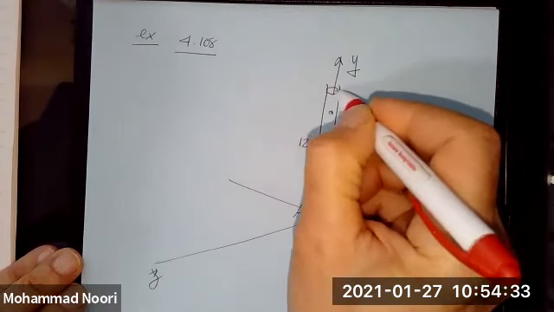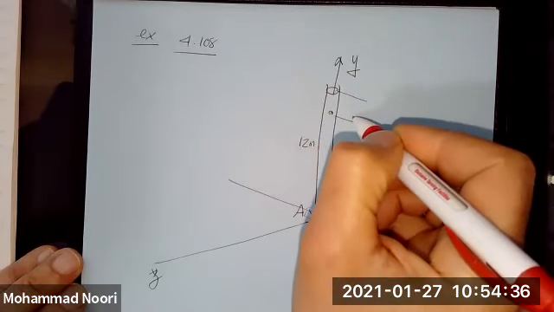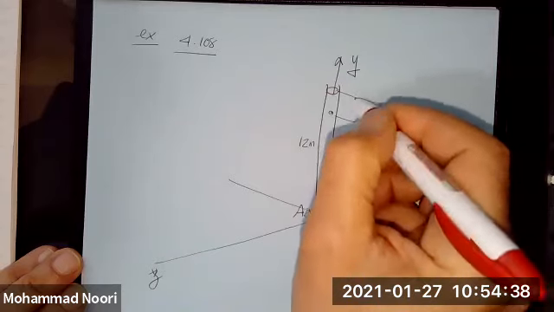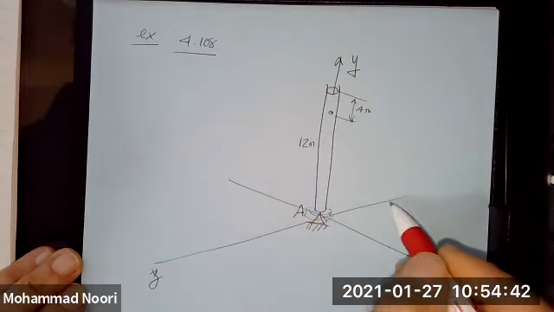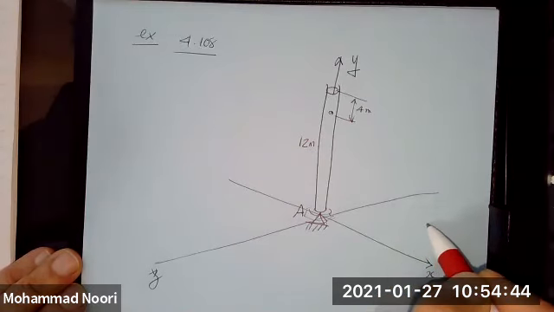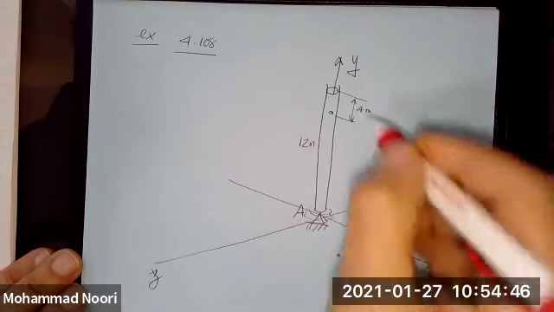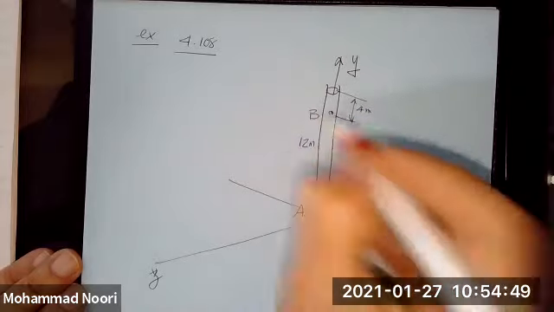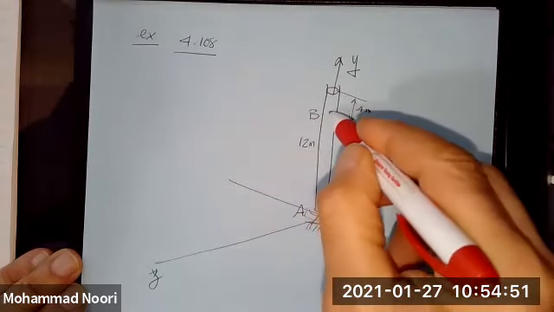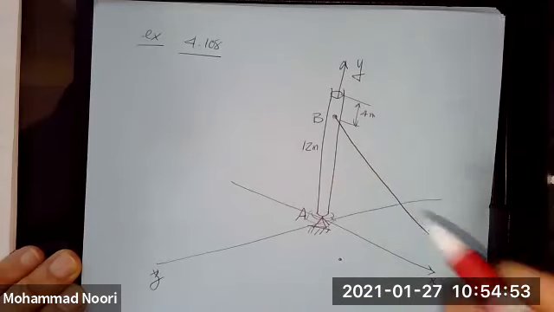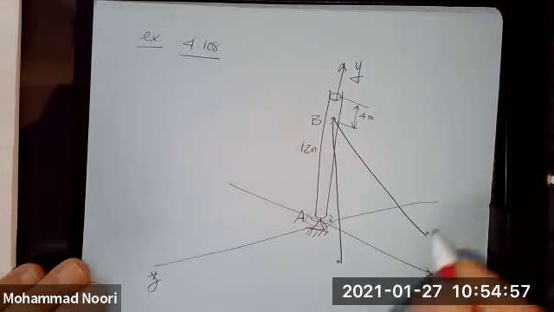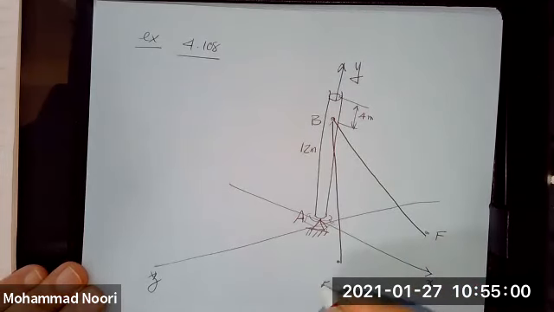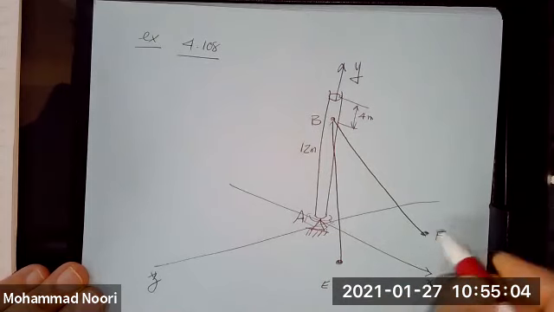At a point 4 meters from the top, I have two cables that are attached to this point B and are connected to these 2 points on the ground at points F and E, and the locations of these are given.